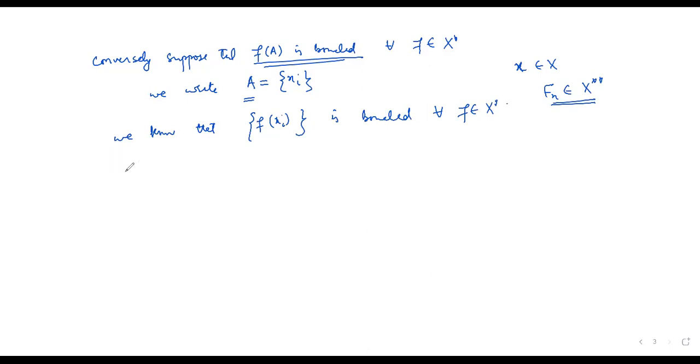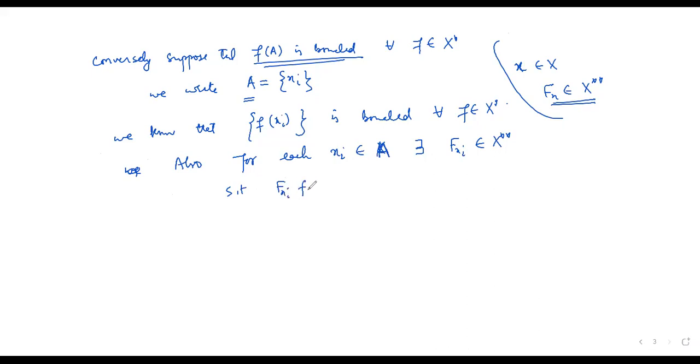Now we also know for each x_i belonging to A, of course A is contained in X, there exists an f sub x_i belonging to X double star such that f sub x_i at f is equal to f at x_i. ये definition है canonical map की, and norm of f sub x_i is equal to norm of x_i because it's an isometry canonical mapping.